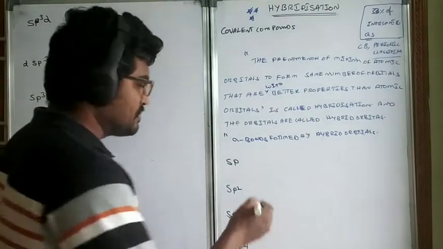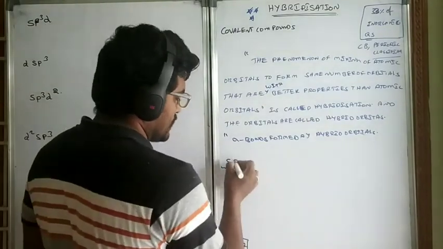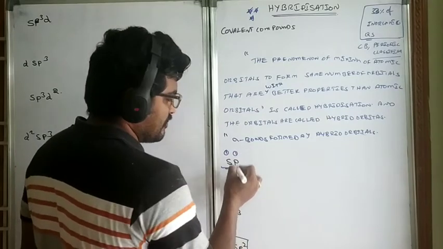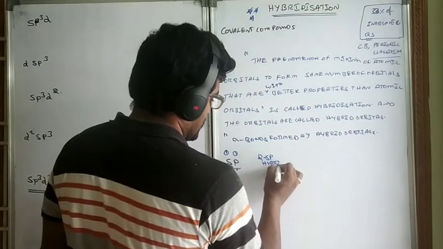So listen carefully. sp hybridization means one s orbital and one p orbital combine with one another. One s orbital and one p orbital form two sp hybrid orbitals.